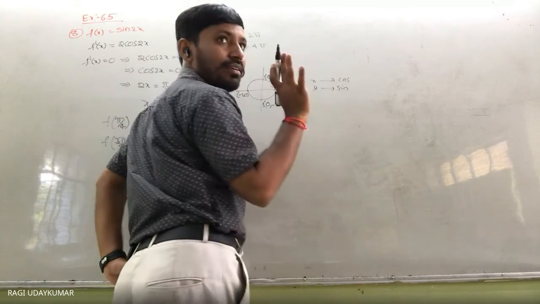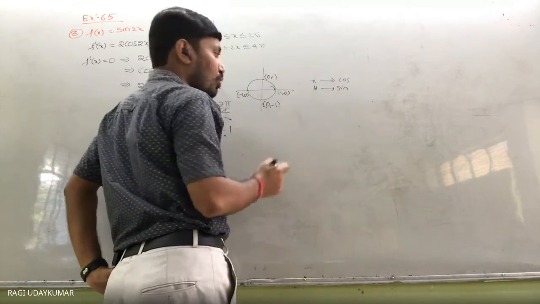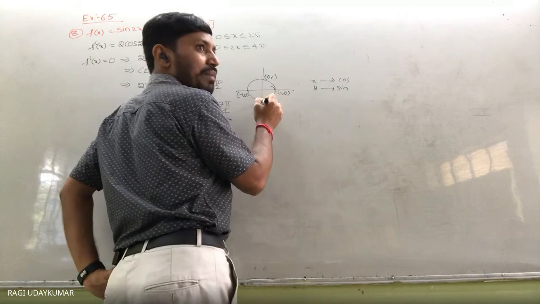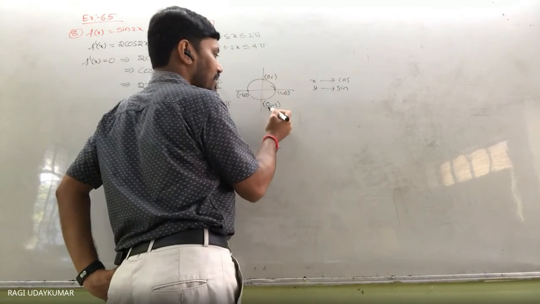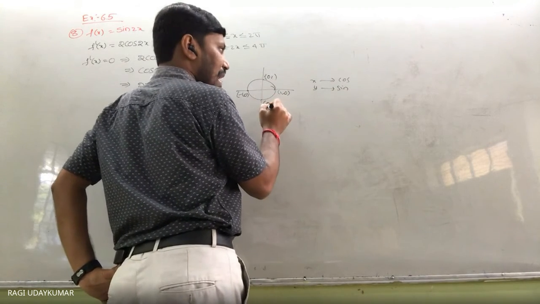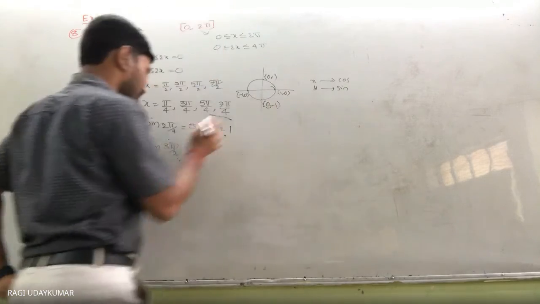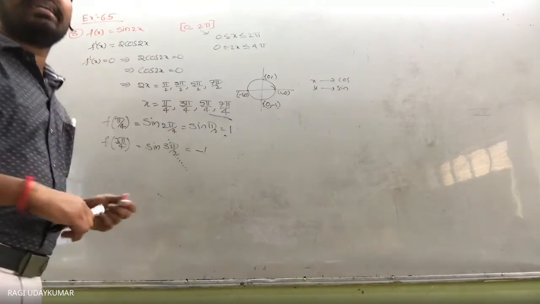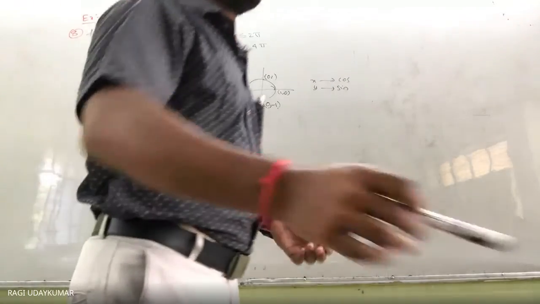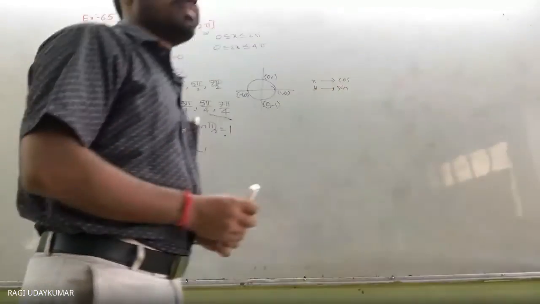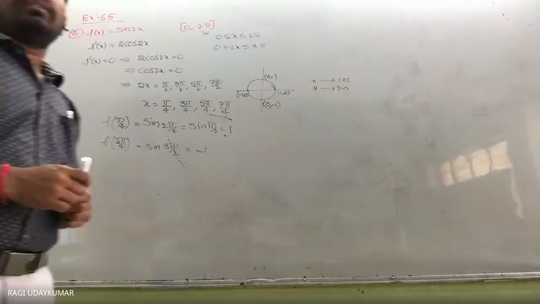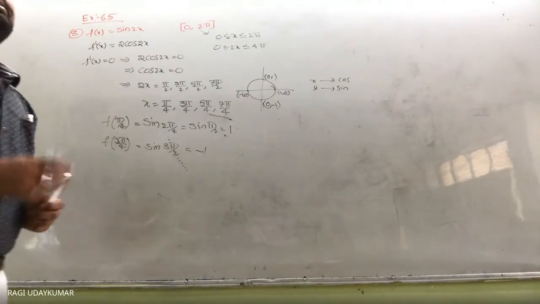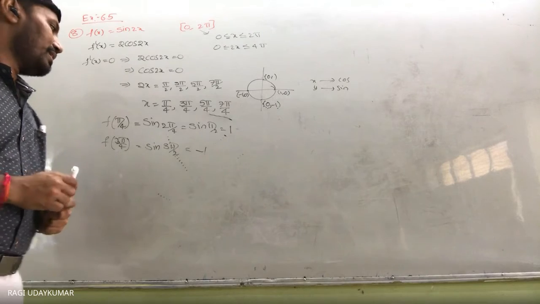This is the basic thing. So this is pi/2, here 3 pi/2. This is cos 3 pi/2, this is sin 3 pi/2. Sin 3 pi/2 value is -1. Nothing more is there; you do not need to memorize much. It is a very simple task if you are able to remember the unit circle.